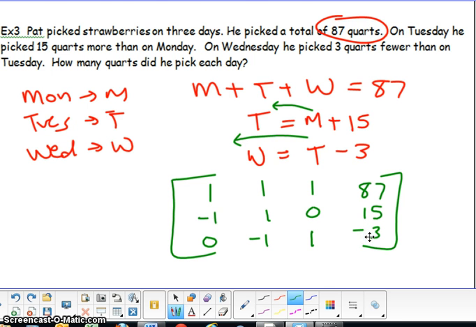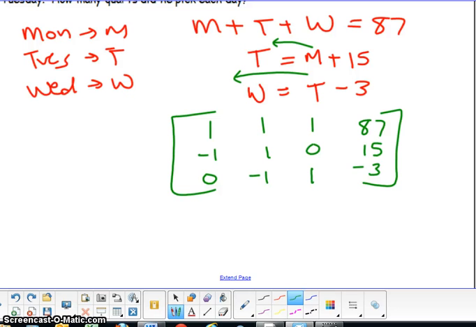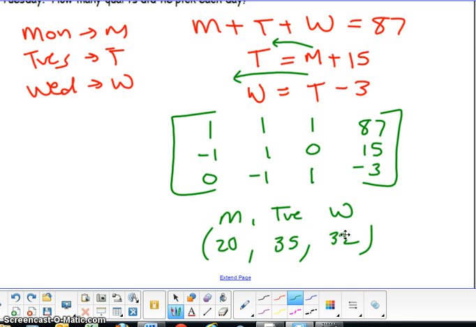Plug that in your calculator, and you should get this final answer of, on Monday, 20 quarts, on Tuesday, 35 quarts, and on Wednesday, 32 quarts. So practice in the calculator, make sure you're getting the information correct.